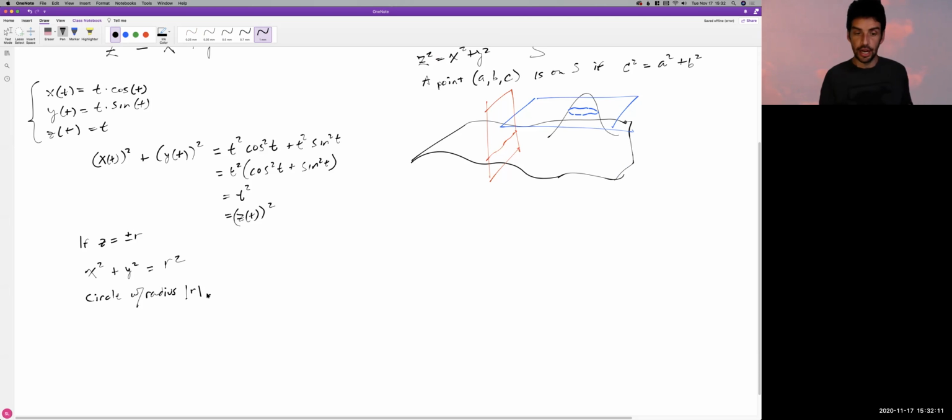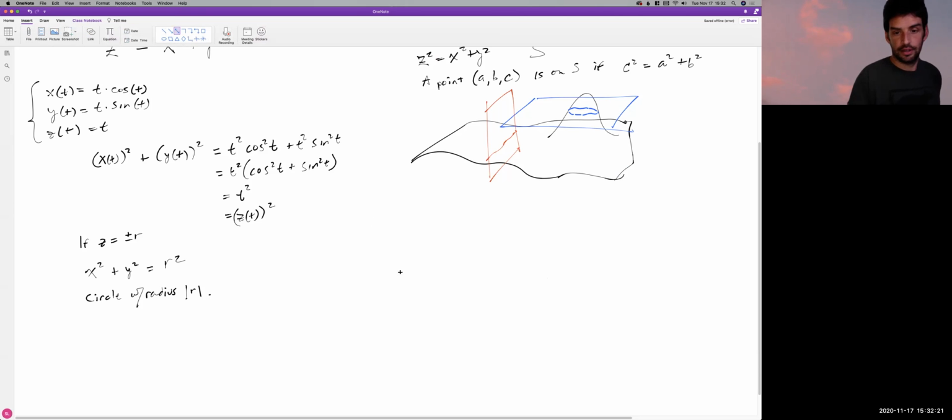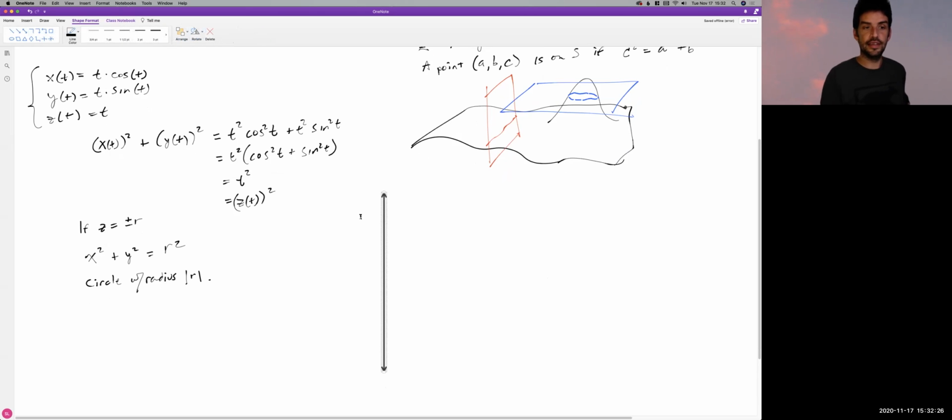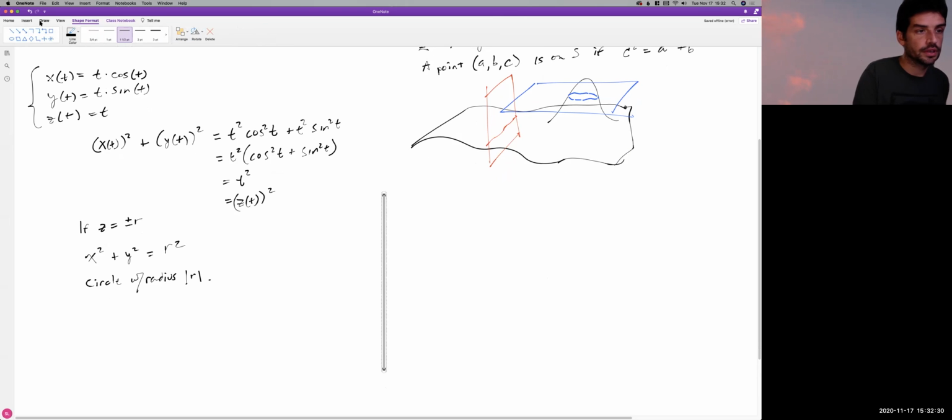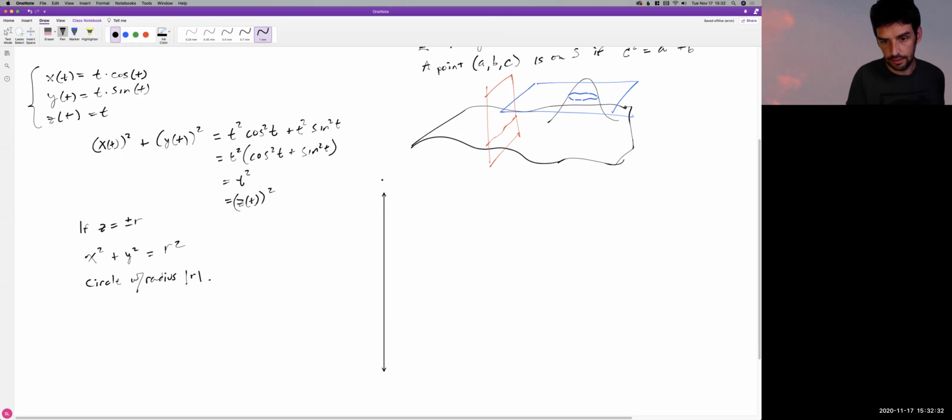Okay. All right, let's think geometrically about what I've just done. This is a tricky one to draw. Let's start with an axis. I'm going to draw in the z-axis.